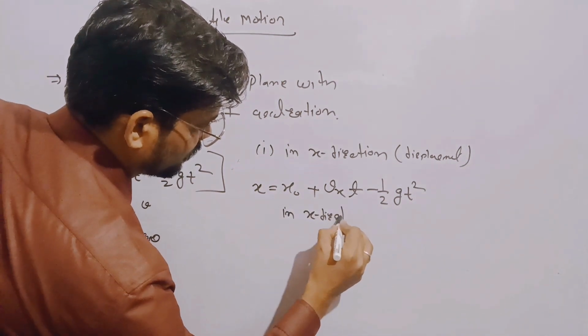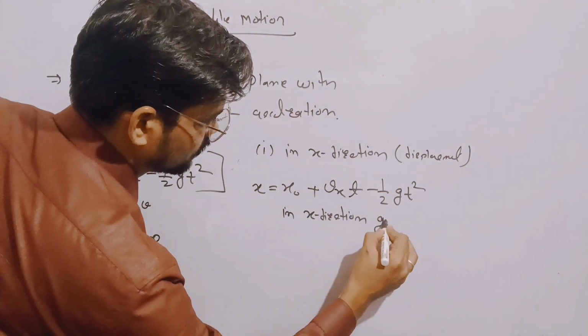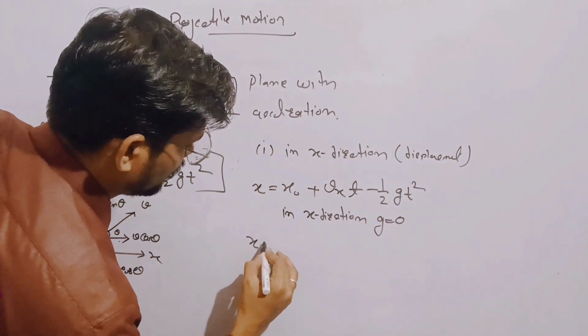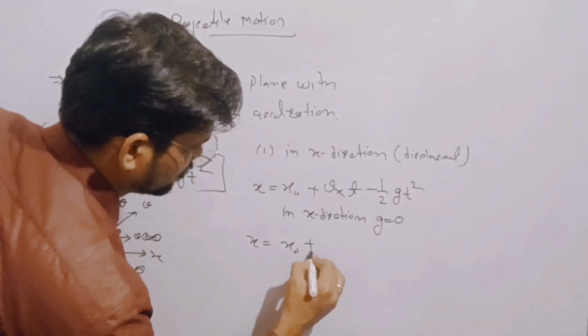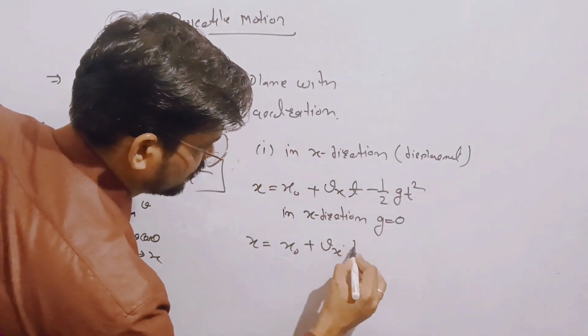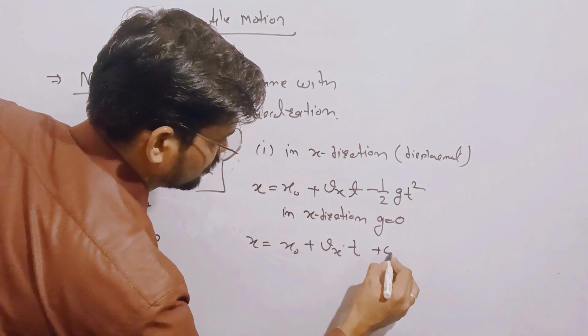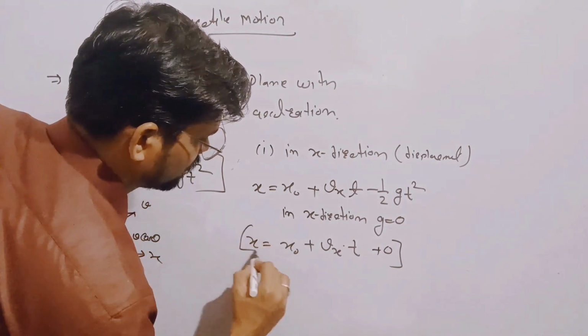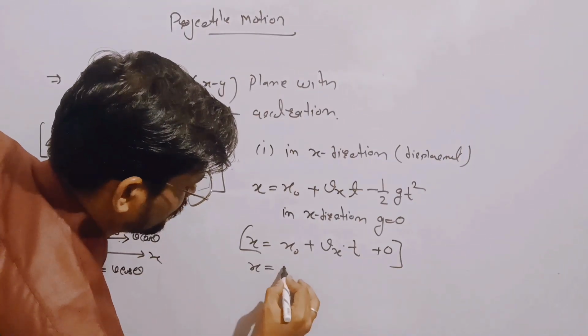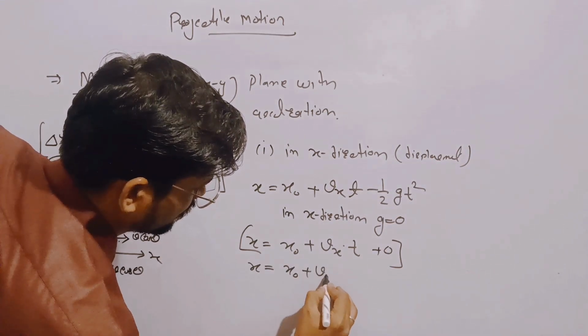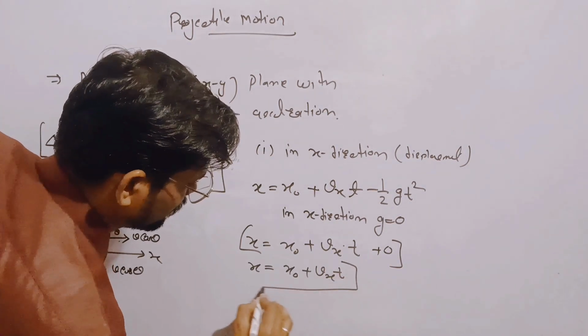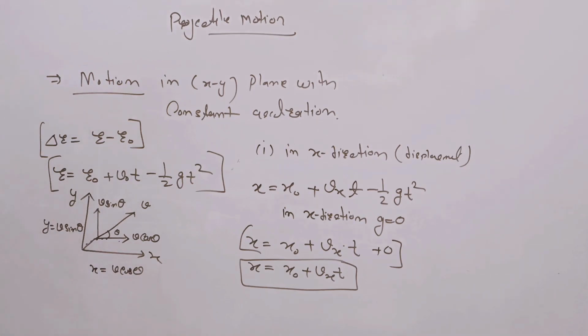In the x direction, g is equal to 0 in the horizontal direction. So x is equal to x naught plus vx t minus 0, so x is equal to x naught plus vx into t. This is the displacement in the x direction of the object.